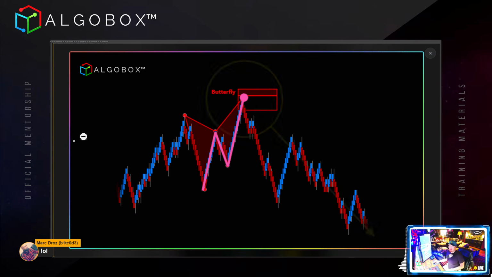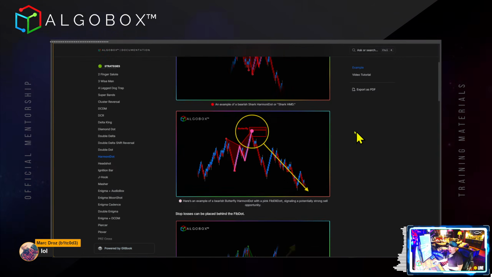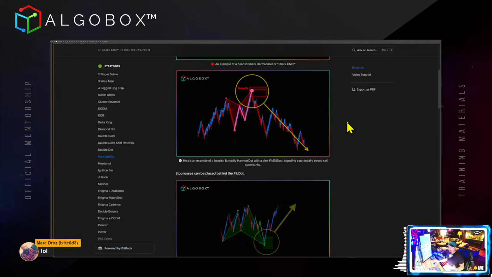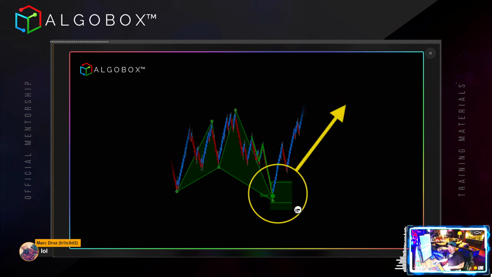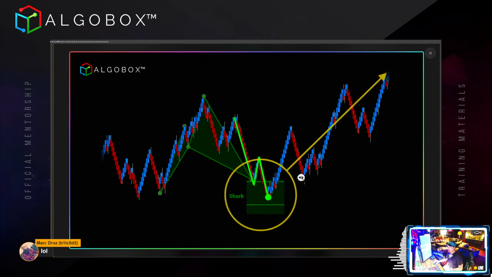And sure enough, look at this monstrosity absolutely explode out of that butterfly there with an HMD inside the butterfly harmonic. HMD combination, pretty simple. You see a box of a PRZ and a dot inside. That is an HMD, HarmoniDot, and it's going to get that extra juicy power because you just got so many structural components laying in together.